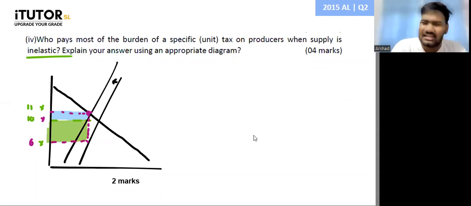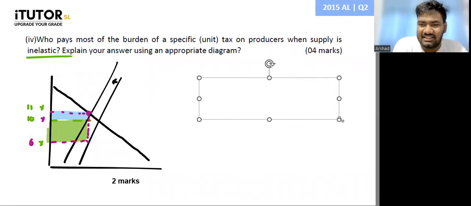Then what is the explanation, guys? For 2 marks, we have to explain something also. How do you think we can write this? There is nothing big to write here. What do you think the logic is? Supply is inelastic, so even when the price changes, he doesn't change his behavior, so he'll bear most of the tax.